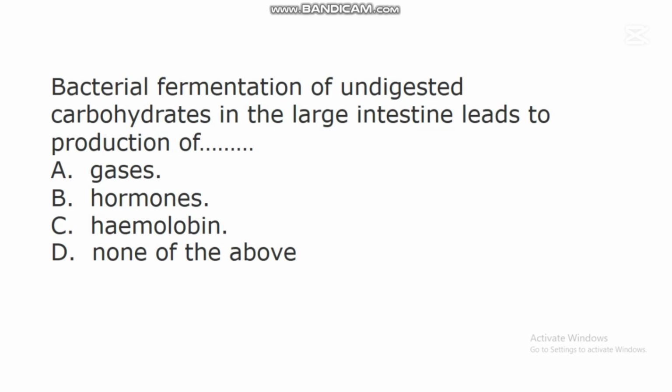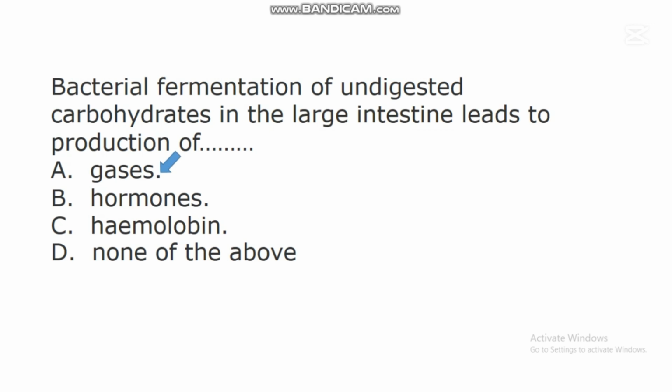The next question says, bacterial fermentation of undigested carbohydrates in the large intestine leads to production of dash. A. Gases. B. Hormones. C. Hemoglobin. D. None of the above. In this question, the correct answer is A. Gases.